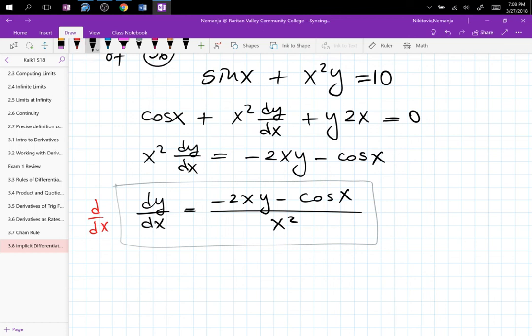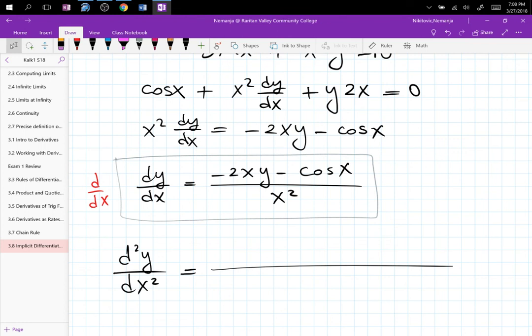So now the derivative of this is going to be d squared y over dx squared, right? That's the derivative of the left hand side. And on the right hand side we have a standard, dare I say, quotient rule. So denominator is now x to the fourth, because x squared squared is x to the fourth.